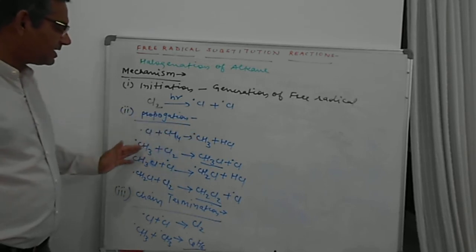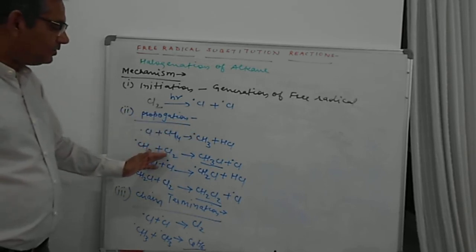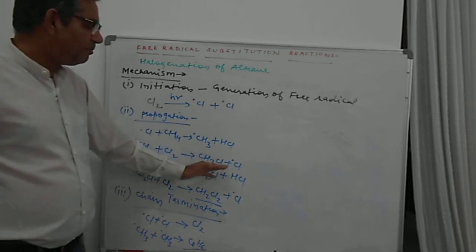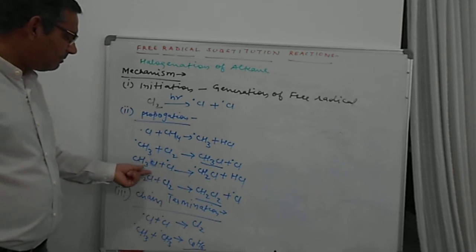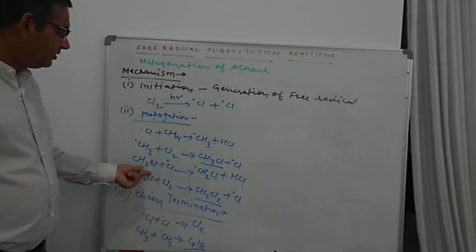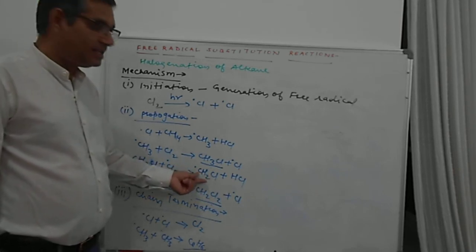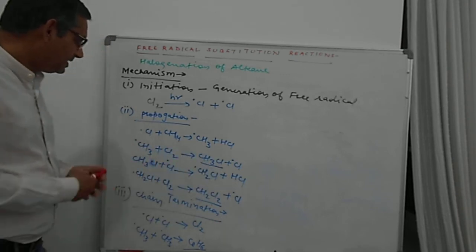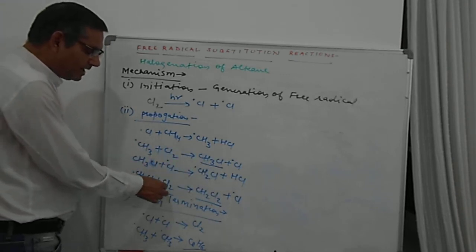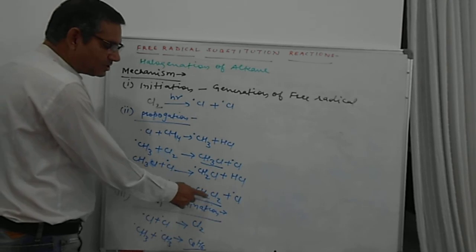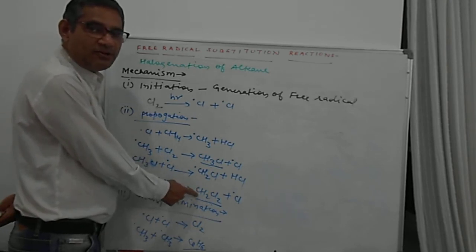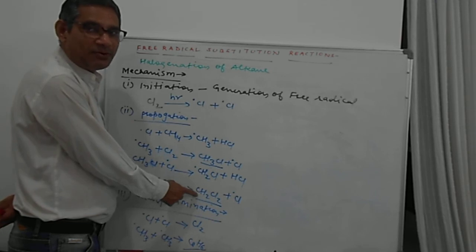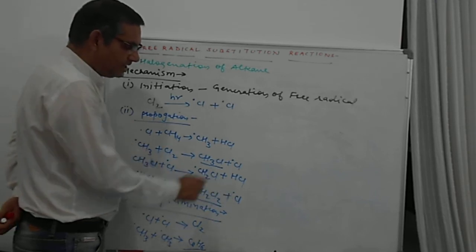This CH3 free radical combines with Cl2 to form CH3Cl plus Cl free radical. This Cl free radical again combines with CH3Cl to form CH2Cl free radical and HCl. This CH2Cl free radical combines with Cl2 to form CH2Cl2, that is dichloromethane, or methylidene chloride, that is geminal dichloride, and Cl free radical.